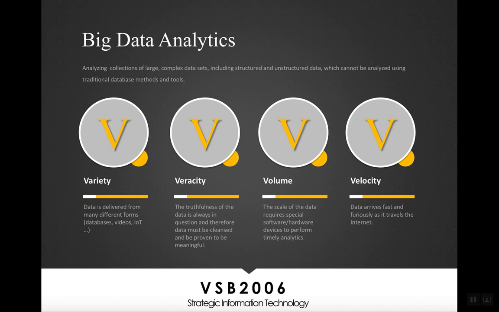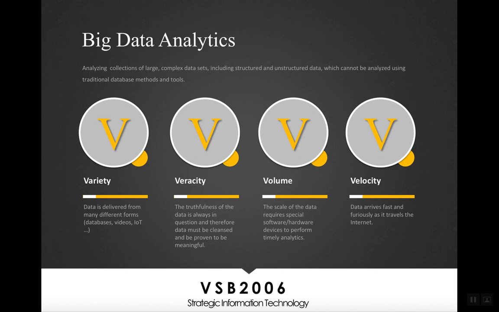The four attributes, the four challenges we deal with in big data. Number one is the variety of data. Not only do you have structured data, you have unstructured data, all sorts of different kinds of things coming in that have to be dealt with.